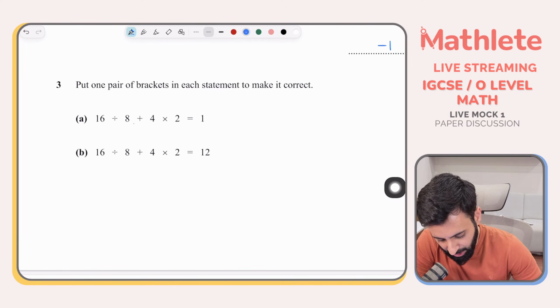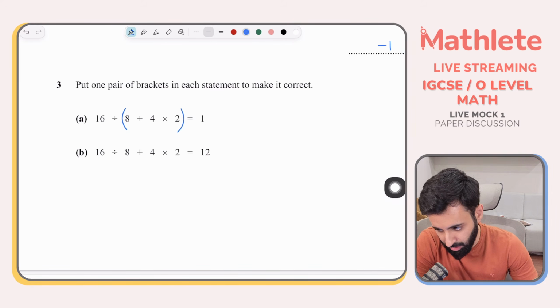So 6 divided by 8, that's 2 plus... No, that's not going to work. So I need to make sure I divide 16 with a number that's as large as possible. So let's try this. 16 divided by 8. Nope, that's not going to work. Let's try this. So 4 into 2, that's 8. 8 plus 8, that's 16. 16 divided by 16, that's equal to 1. There you go.